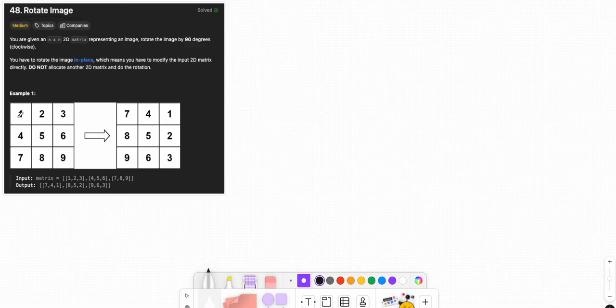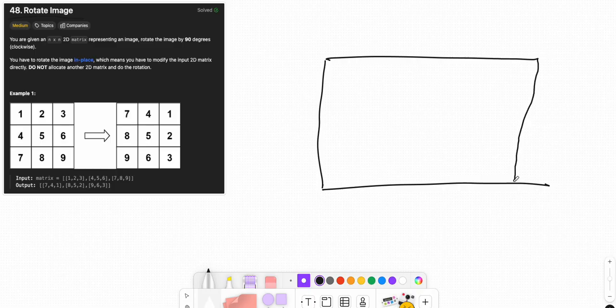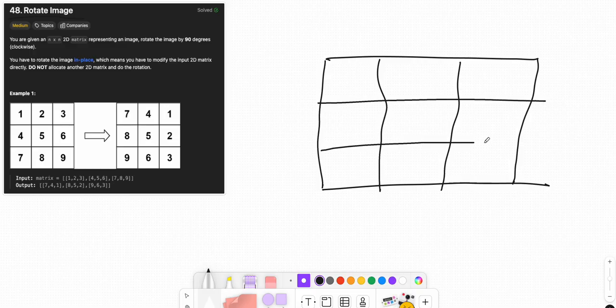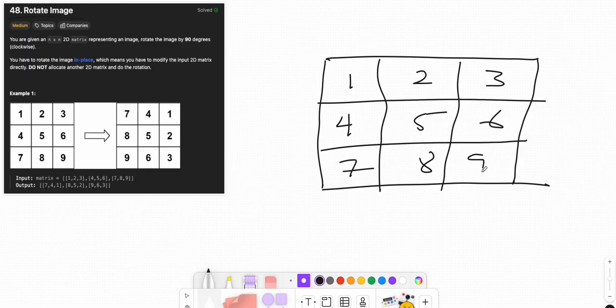When we're rotating 90 degrees, one moves to where two is, two moves to where three is, and so on. Now, for the example here, 1, 2, 3, 4, 5, 6, 7, 8, 9.